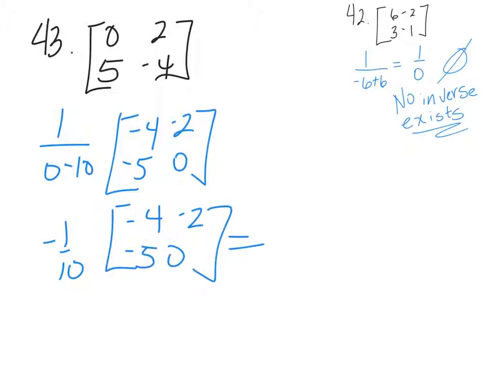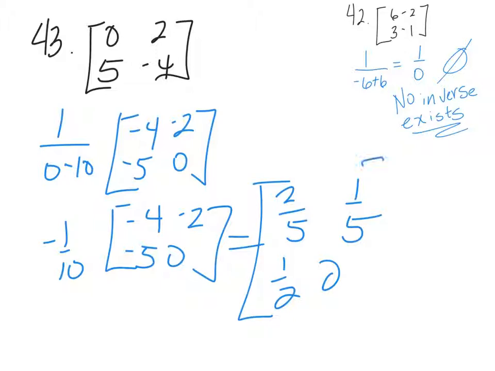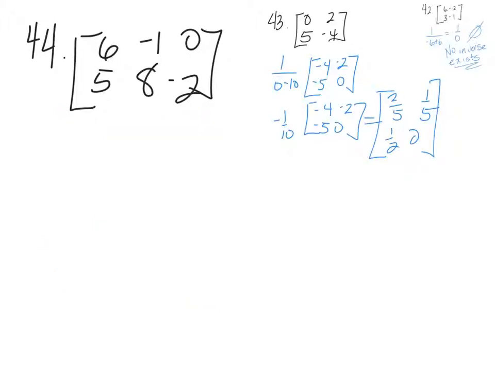So negative times negative is a positive. And that one's done. Now this one's just plain silly because we can only do inverses of square matrices. In fact, the only ones we actually practiced were 2x2s. So, yeah.